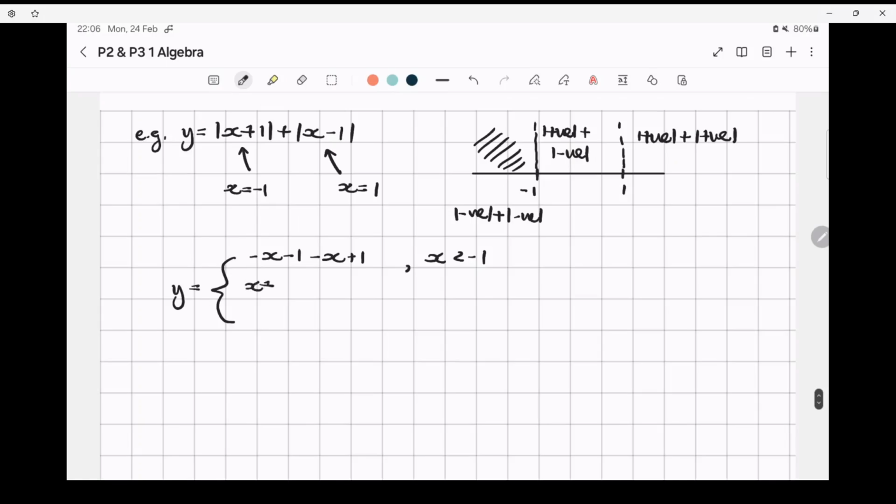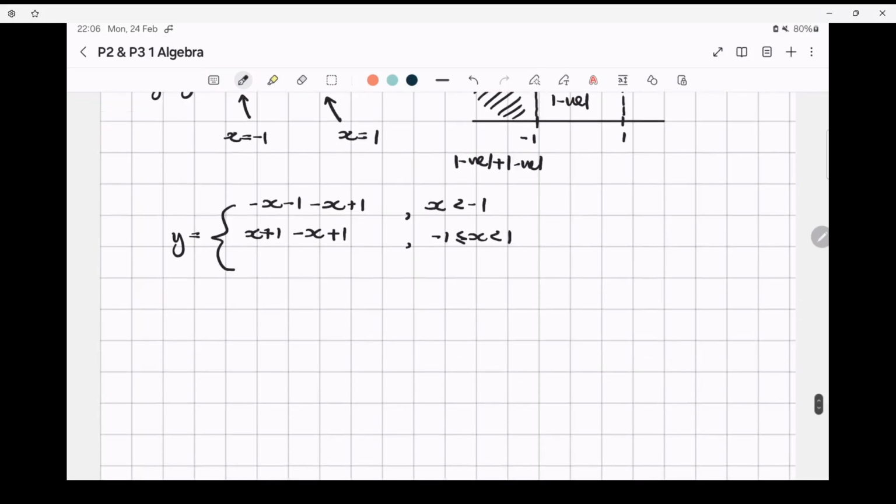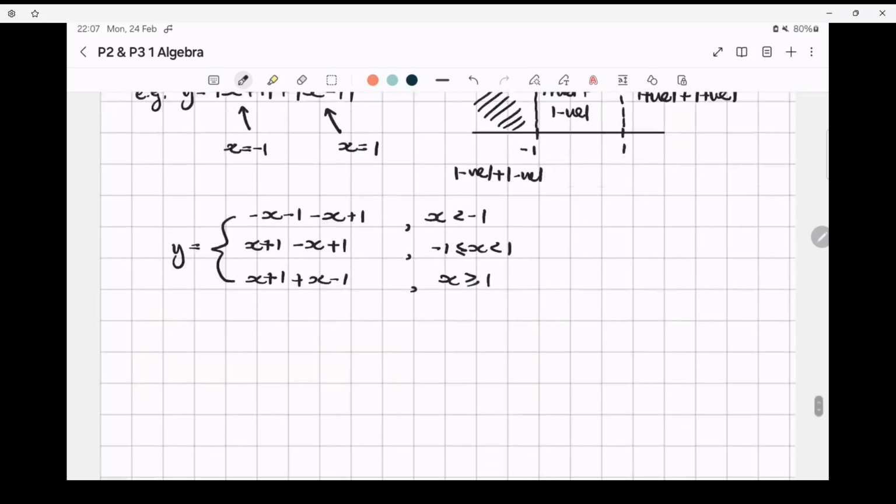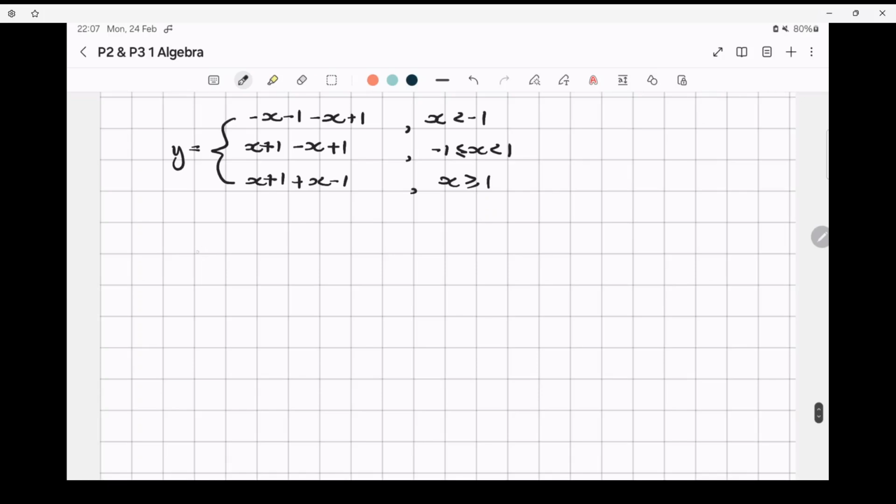So you have the positive part and then minus the negative part. So this happens when x is between -1 and 1. Then the last one is the positive part sum with the negative part. So you have greater or equals to 1. So what will be this set of equation looks like? First one is -2x, second one is 2, third one is 2x.